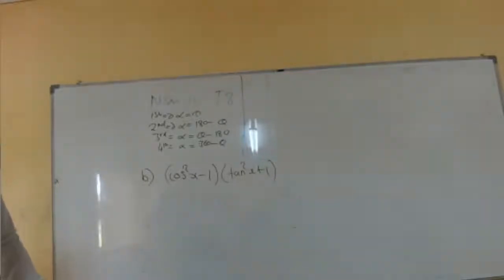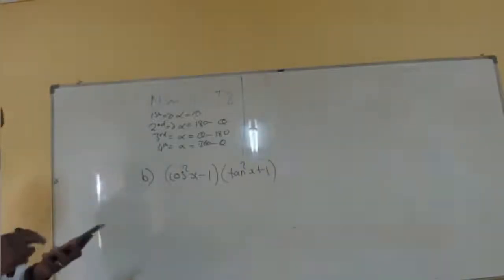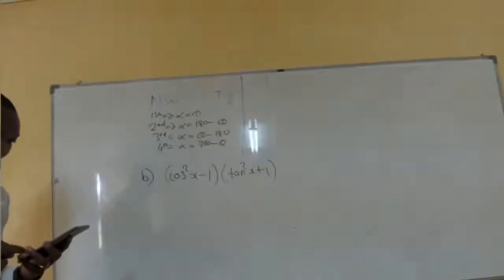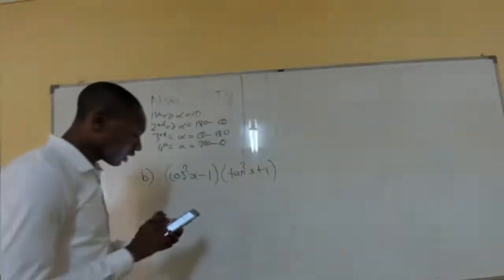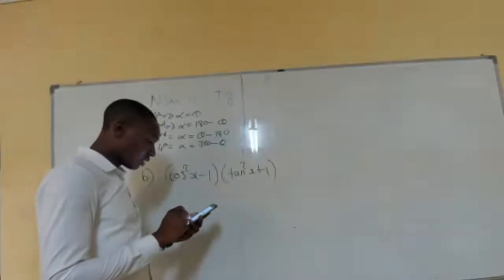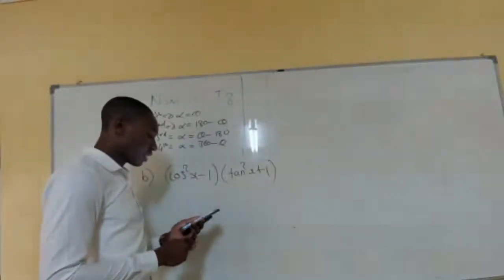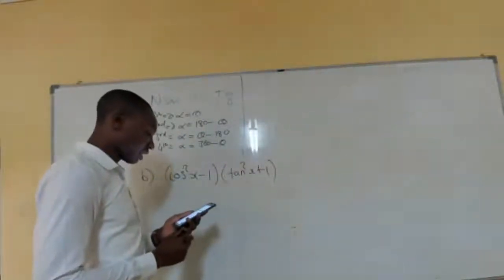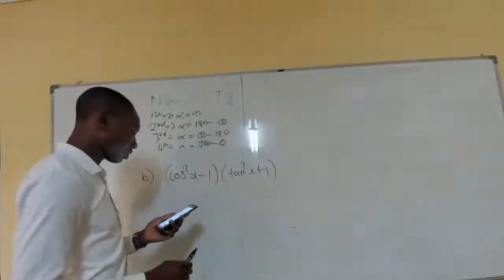So we're going to use that as the property that is going to help us to configure that question. Tan squared x plus 1 is the same as sec squared x.